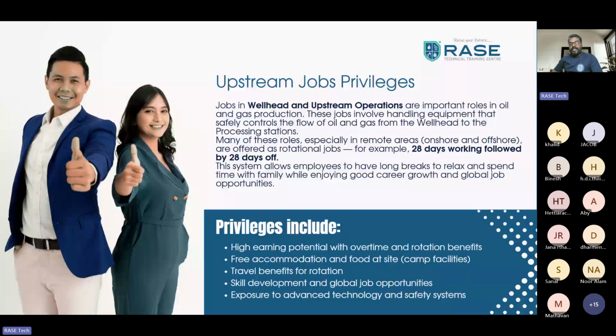For example, 28 days working followed by 28 days off, 35 days working followed by 35 days off, or 70 to 28. This system allows employees to have a long break to relax and spend time with family while enjoying good career growth and global job opportunities.